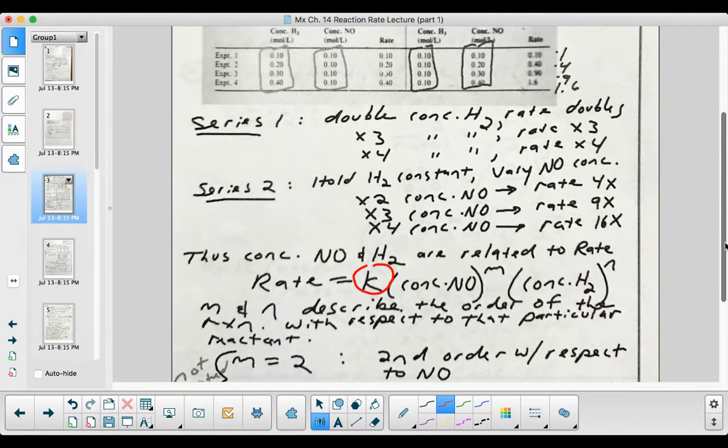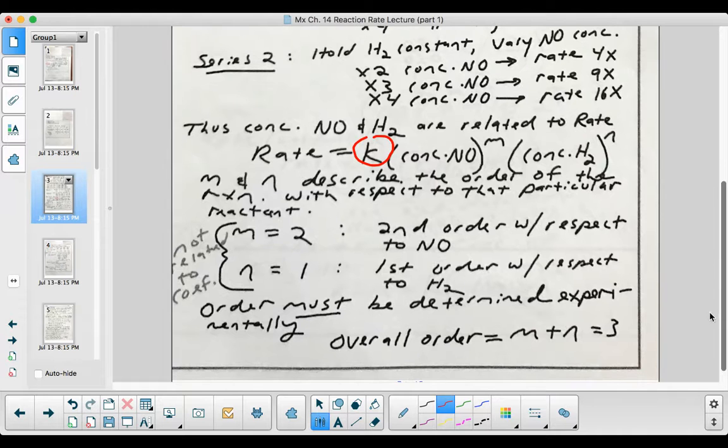So then what we're going to say is that the rate of the reaction is affected differently by each of the reactants. For the first one, we can see that when we changed the concentration of the hydrogen, we saw that there was that direct relationship. So I'm going to raise the hydrogen to the power of 1, n. That's just a variable.